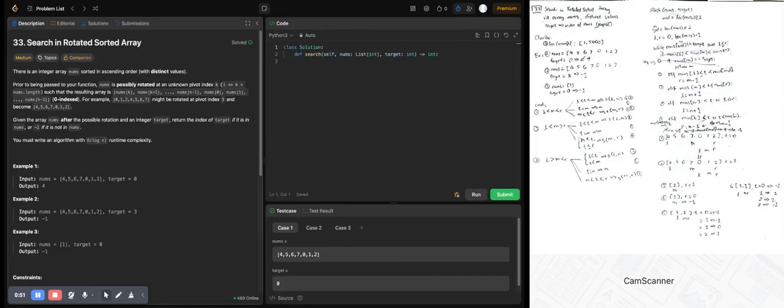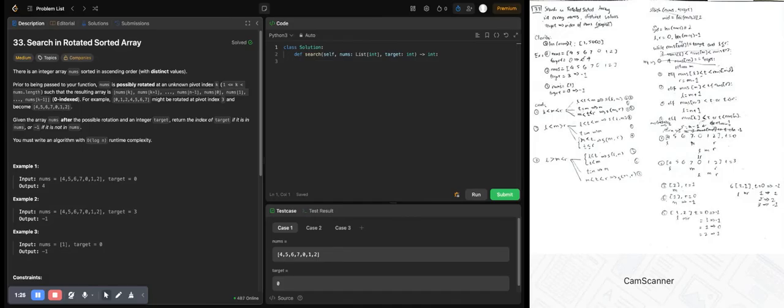Prior to being passed to your function, nums is possibly rotated at an unknown pivot index k, where k is between 1 and nums length, such that the resulting array is nums[k], nums[k+1], till nums[n-1], nums[0], nums[1], until nums[k-1], 0-indexed.